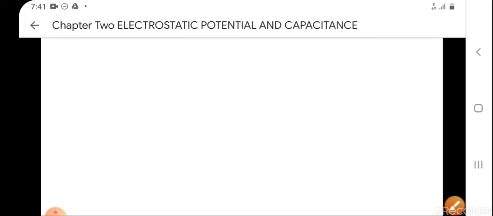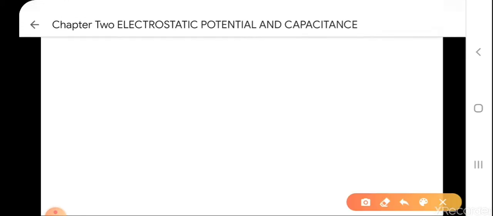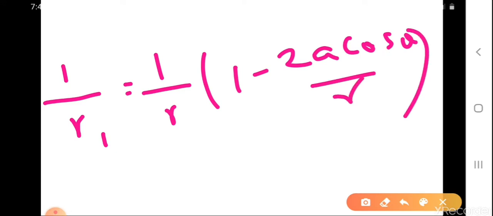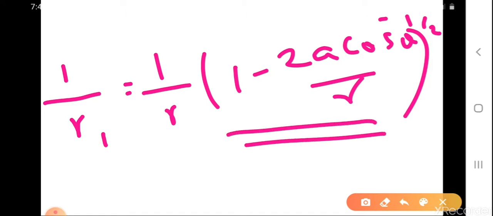Let me write again. 1 by r1 is equal to 1 by r into 1 minus 2a cos theta by r, whole power minus 1 by 2. This one can be expanded using binomial expansion, and in a by r, only the first term can be retained.